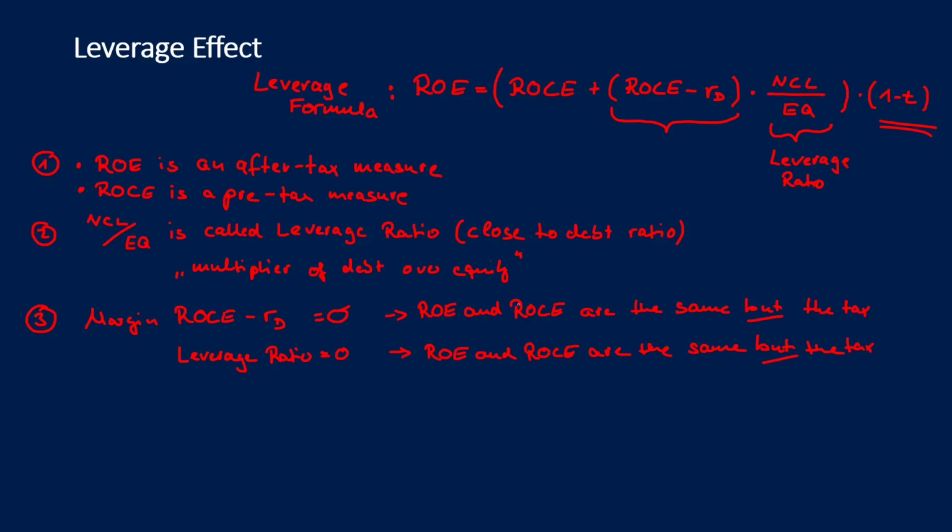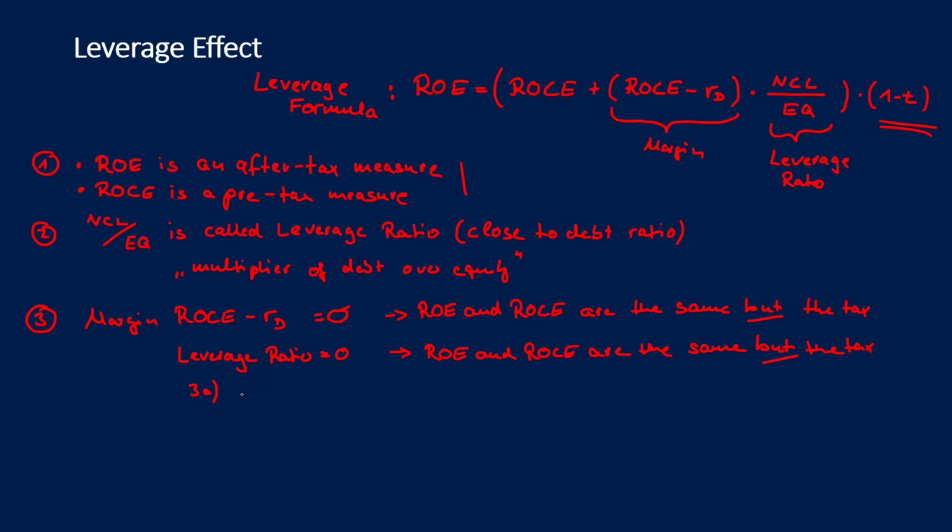But the tax, because return on equity is an after-tax measure and return on capital employed is a pre-tax measure. But of course, we need to take a look, and this is 3a. We need to take a look what happens if this margin here is not 0 and if the leverage ratio is not 0.